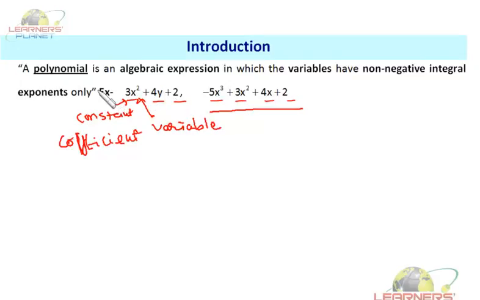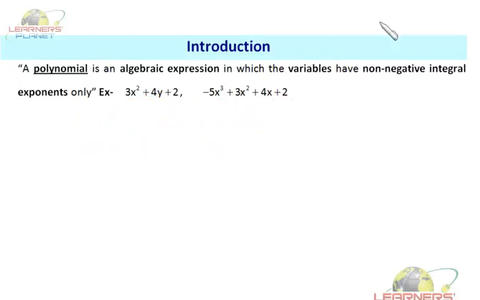What's a polynomial? A polynomial is an algebraic expression in which the variables have non-negative integral exponents. Here we see an example of a polynomial, that is 3x square plus 4y plus 2. Here the variable is carrying a positive power, isn't it? x is carrying square.